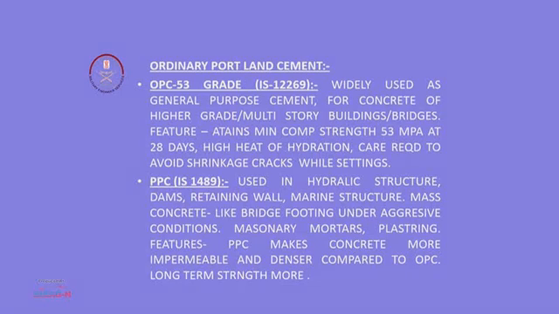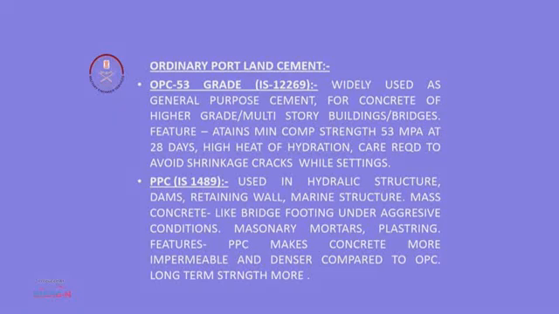The second variety of cement, which is also used largely, is PPC, Portland pozzolana cement. It is used largely because fly ash like material is utilized in the cement, and that's why we can say it is environment friendly also.